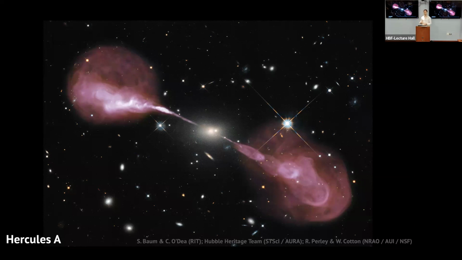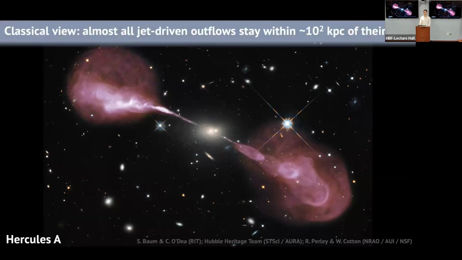The classical idea is that these jets reach maybe 100 kiloparsec or so in extent, and that they stay relatively close to the host galaxy. You see that the entire structure is maybe a few times the diameter of the host galaxy. That would mean that the jets can only affect the local surroundings of the galaxy.